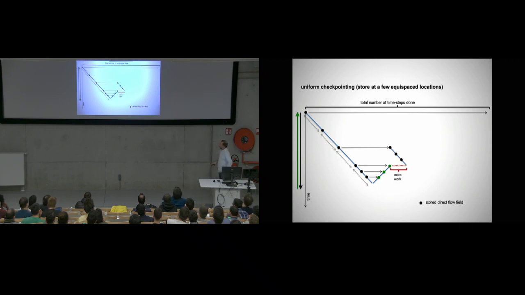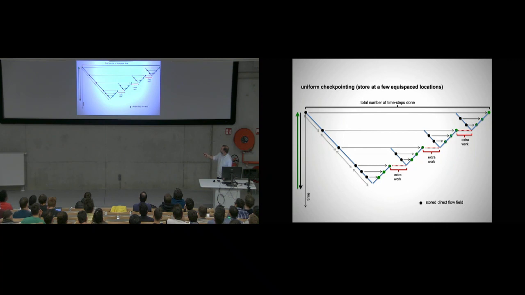So you do a little bit of extra work. You take this one, you fill in the one that you skipped before, and then you can go further on with your adjoint. Then you come to here, is something missing, you do the same thing again: you take this one, you regenerate this one, then you can keep on going, then you regenerate this one from your checkpoints. Okay? And that's called checkpointing.